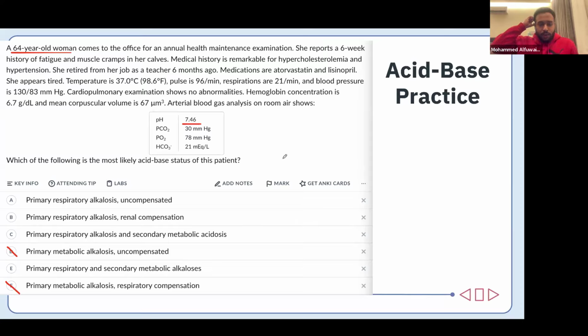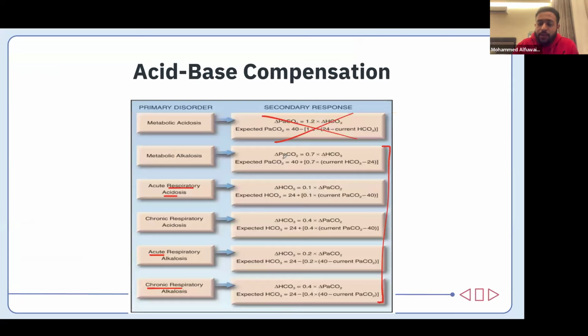Now you want to establish whether or not it's compensated or uncompensated. So how do you do that? You have a formula, not Winter's. Winter's you only do in metabolic acidosis. So let's go all the way back here. In this patient, we said that they have alkalosis. So you do one of these.